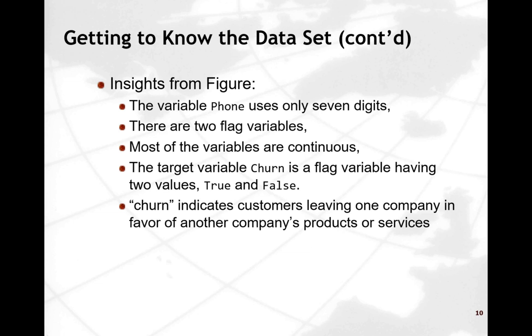The target variable is a binary that has 2 values, true and false. We can also find out churn. The meaning of churn is that they left the company. And just to be sure, everything inside this data set describes the information and the behavior of those customers in the past, right?